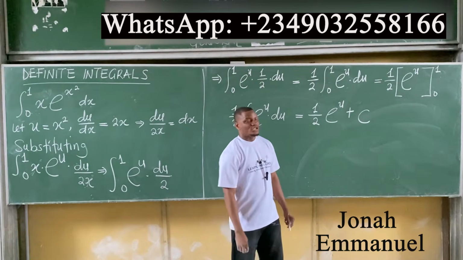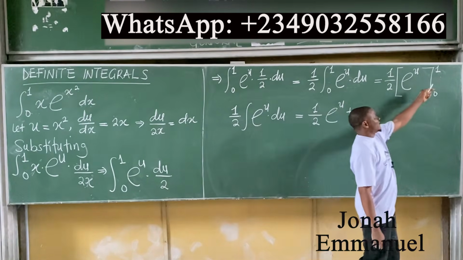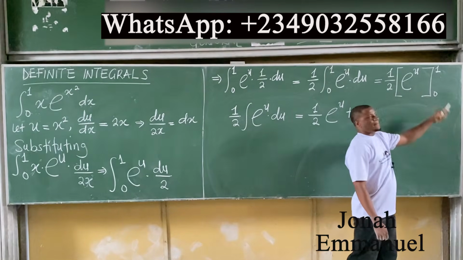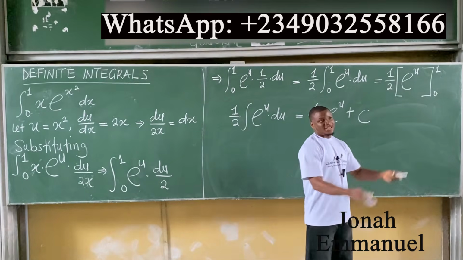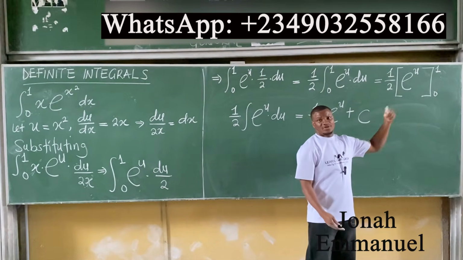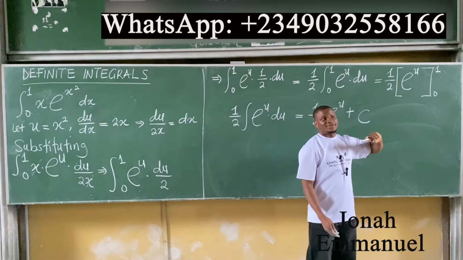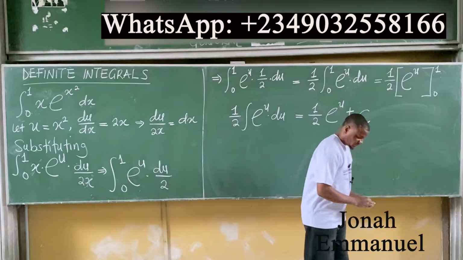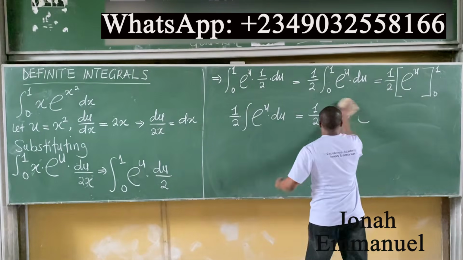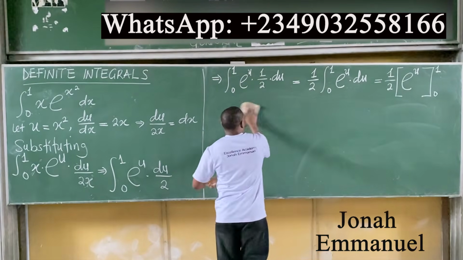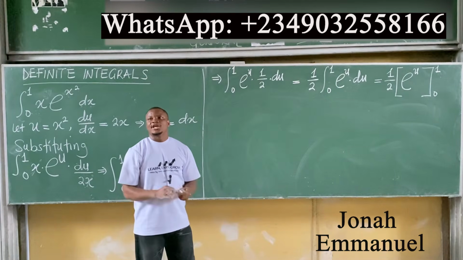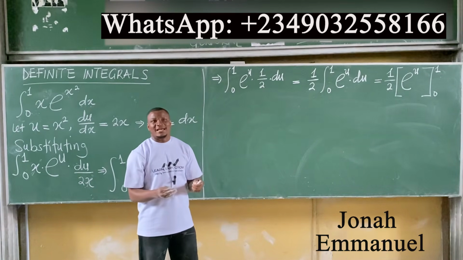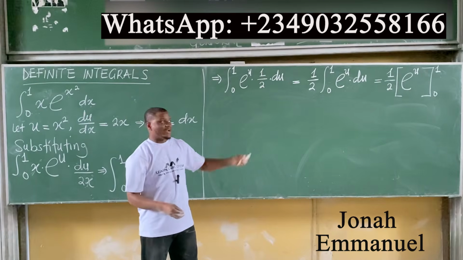But please take note, whenever you're doing definite integrals, putting plus c is not necessary. If you want to, we could still add plus c, but they will cancel out. Again, the idea of adding plus c or not is only peculiar to definite integrals.